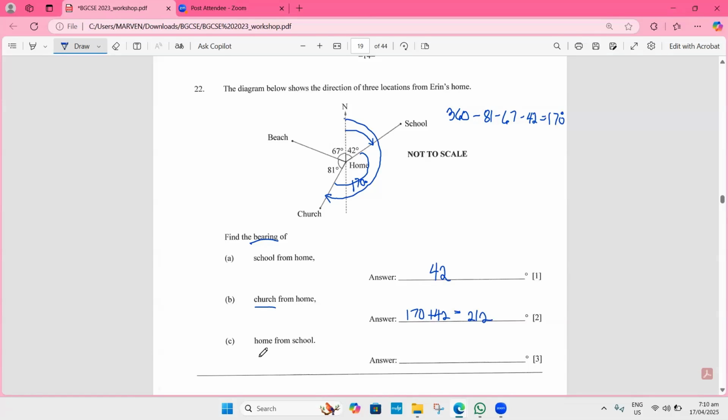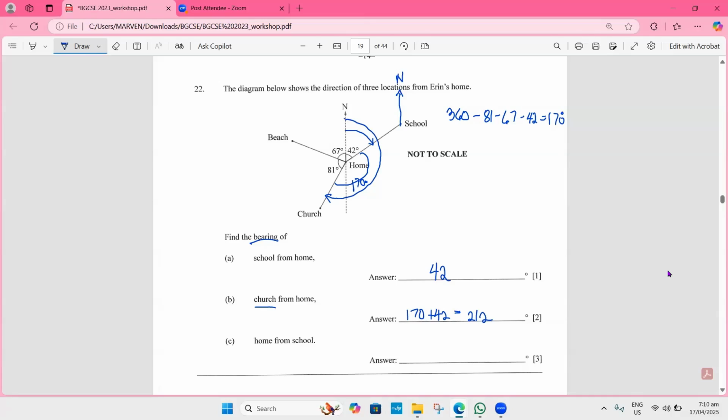And then letter C, what is the bearing of the home from school? The bearing of the home from school. So this time, the reference point is the school. From school, we're going to make the north.